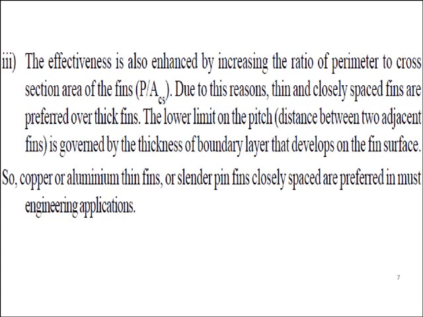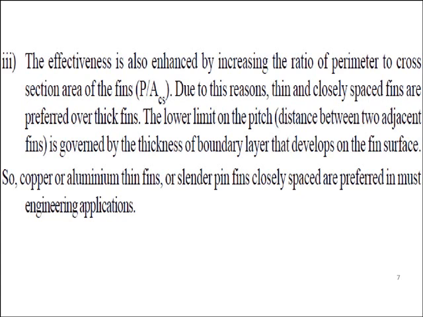And when we do this, we have to keep in mind that the minimum distance between two fins, that is called pitch, must be adjusted in such a way that it will not cut the thickness of the boundary layer which is developed on the fin surface.